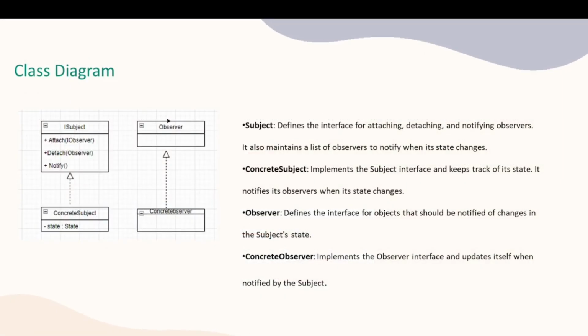This is the class diagram. There is a subject which defines the interface for attaching and detaching the observer. So the subject can anytime unsubscribe an observer. It contains a list of observers to notify when its state changes.